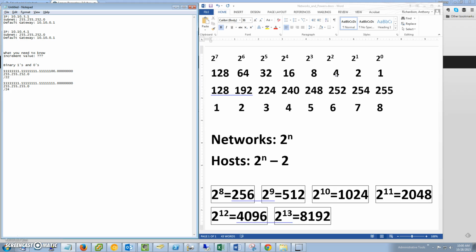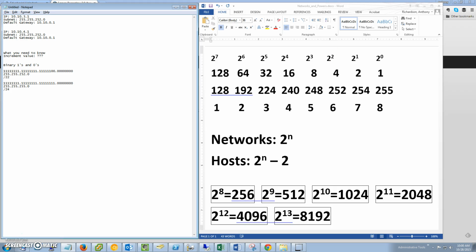That 4 is significant because it means that for an address that has a 252 subnet mask, in order to find the different networks that relate to that subnet mask, you have to increment the third octet by 4.